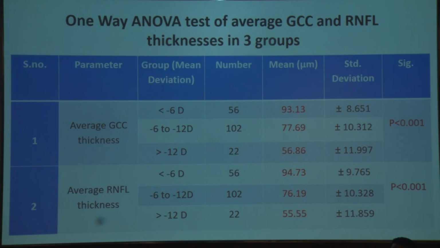For the purpose of analysis, our population was divided into 3 groups based on the severity, as you can see over here. And you can see that all the values were statistically significant. You can also note that the means in the 3 groups between the average GCC and the average RNFL thicknesses were also very similar.